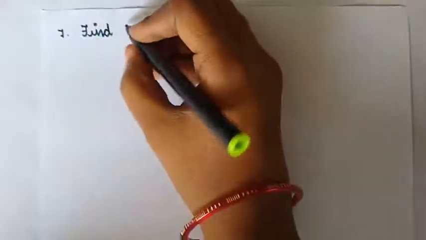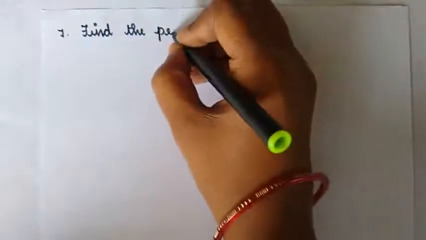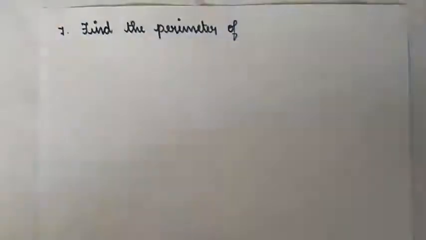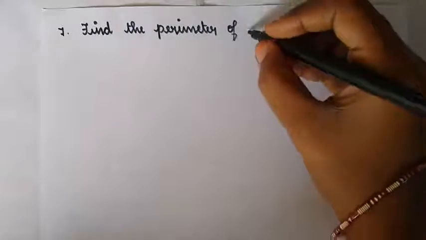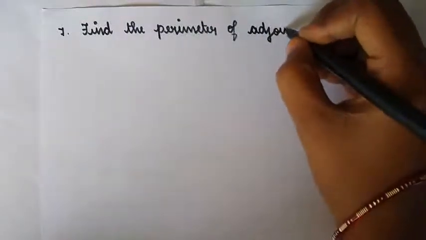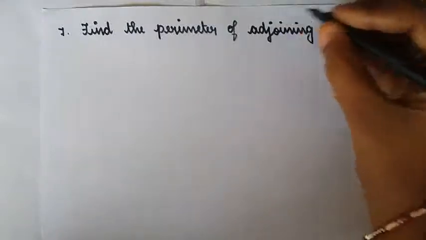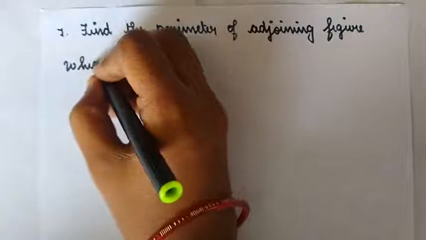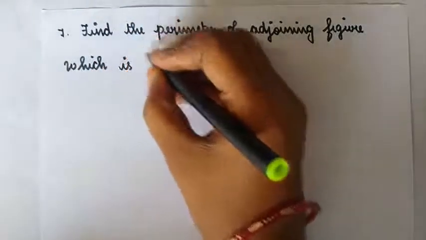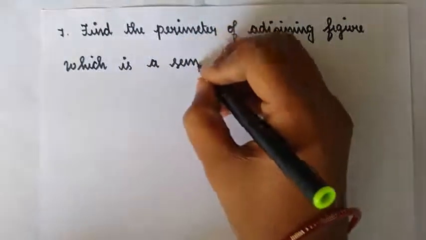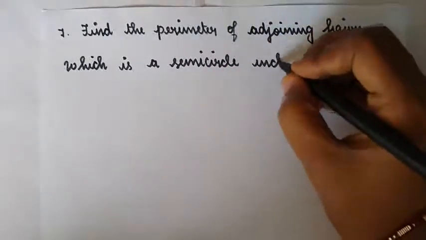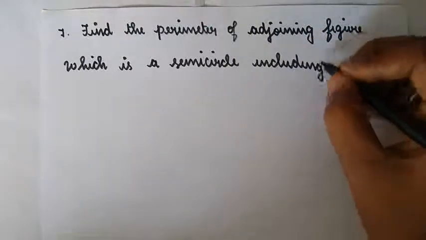Seventh question. Find the perimeter of the adjoining figure which is a semicircle including its diameter.